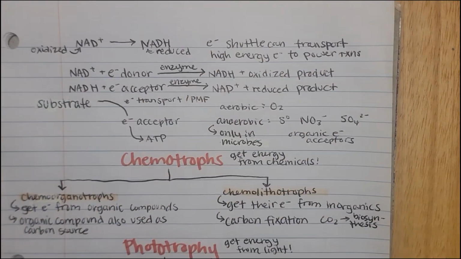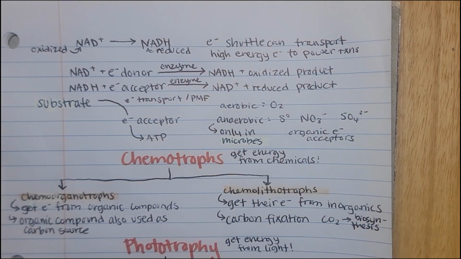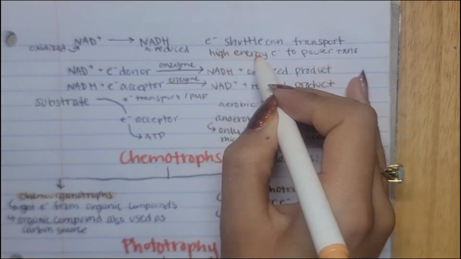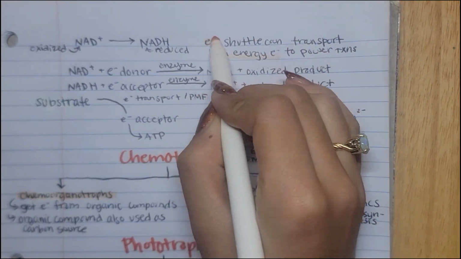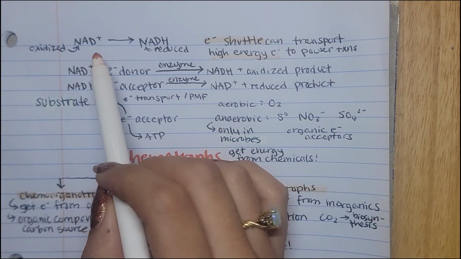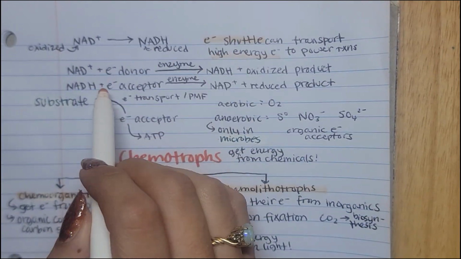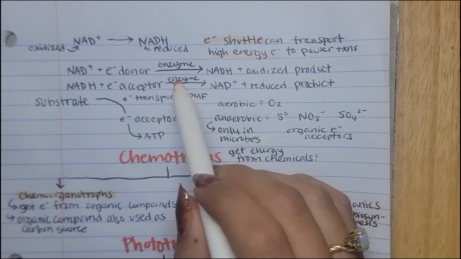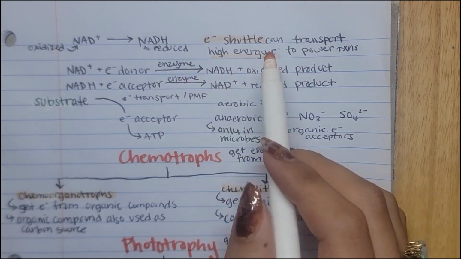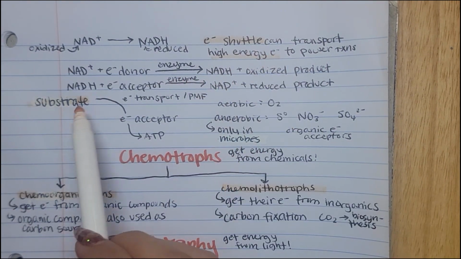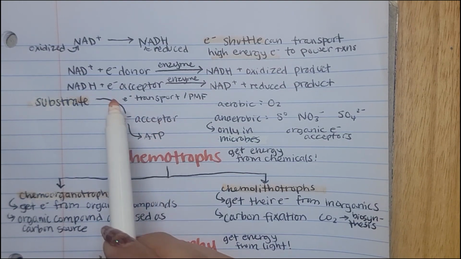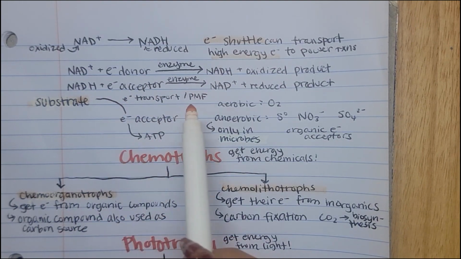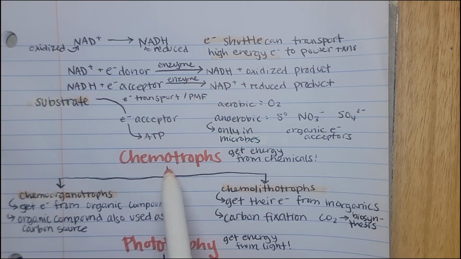And then part 2, we talked about electron shuttles, which are really important in transferring these high energy electrons. So this is like FAD, NAD+. And it can oxidize things through enzyme-facilitated reactions. And substrates that have high energy electrons will give them to electron acceptors, and that will power the proton motive force or the electron transport chain and make ATP.